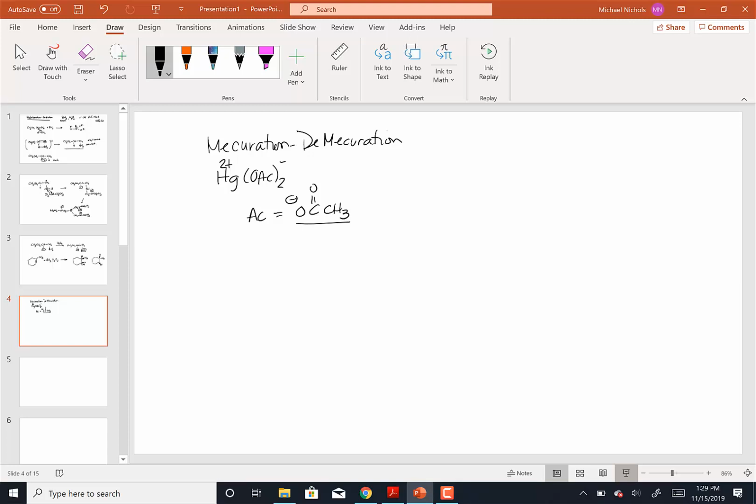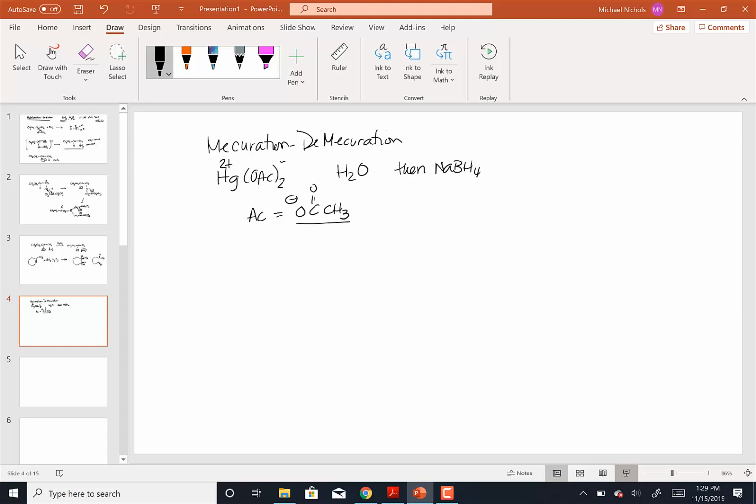The demercuration part, well, you're going to add mercury acetate and water in step 1. In step 2, you do the reaction, then we're going to add sodium borohydride, NaBH4. And so the BH4 is going to replace the mercury with a hydrogen.